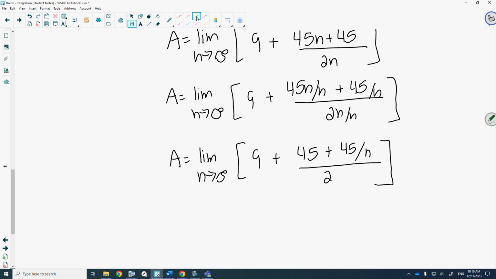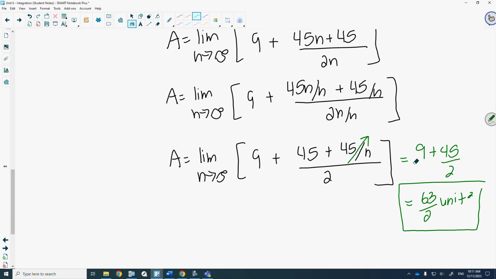Now, as n approaches infinity, 45 over infinity is going to approach 0. So what that will leave me with is 9 plus 45 over 2. I could add these two by getting common denominators. So 18 over 2 plus 45 over 2, and that will give me 63 over 2 square units, which would be the area under the curve on that closed interval from 1 to 4.